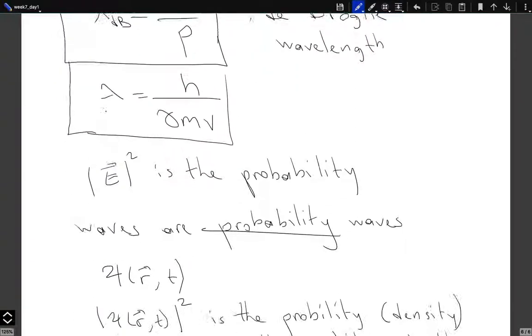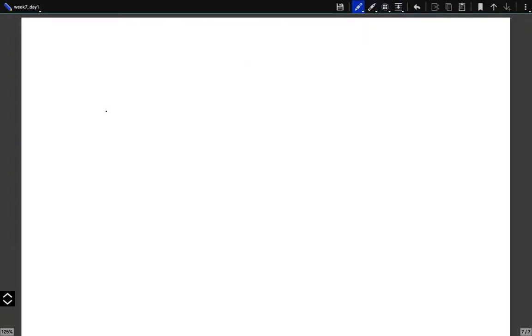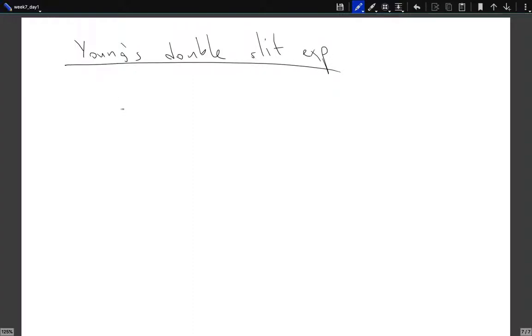But you see, here what we do in the double slit experiment, Young's double slit experiment, so we have these double slits.